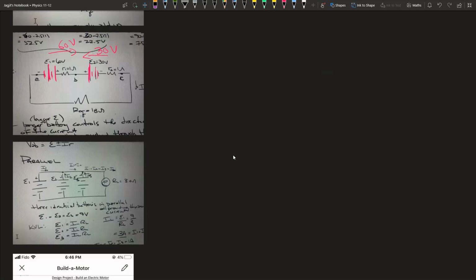So this bigger one is going to overcome this voltage. The 60 volts is going to overcome the 30 volts. So technically, how much voltage is actually going to flow? The actual voltage flow is going to be 60 minus 30, which is 30 volts to the right. Okay, think of it like that. So I will say my total voltage in this case is going to be 30 volts, because they're canceling, they're going against each other.